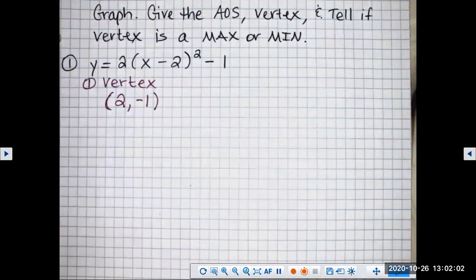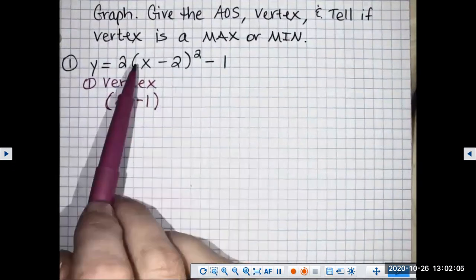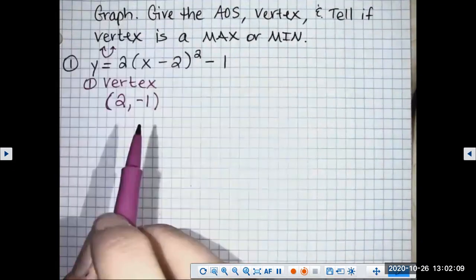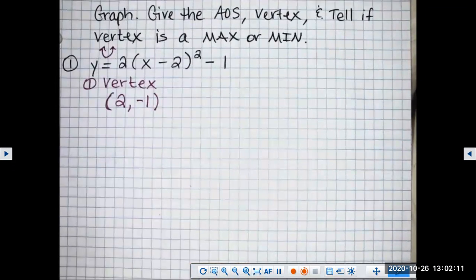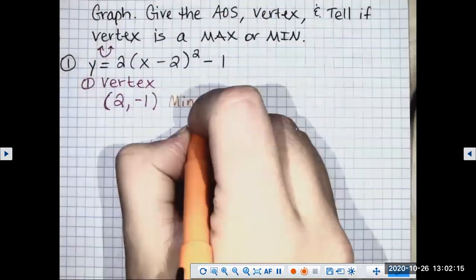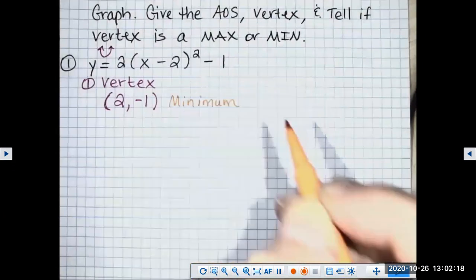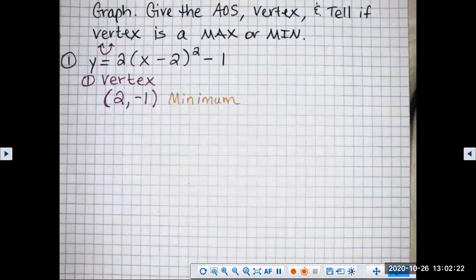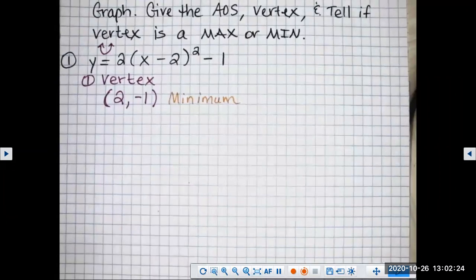Knowing that my parabola goes up, is this point going to be a maximum or a minimum? Minimum. Good. It's going to be a minimum. And of course, you could wait till you graph it and you'll definitely be able to see that.